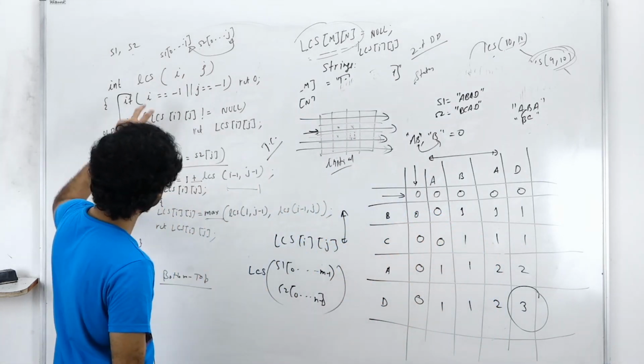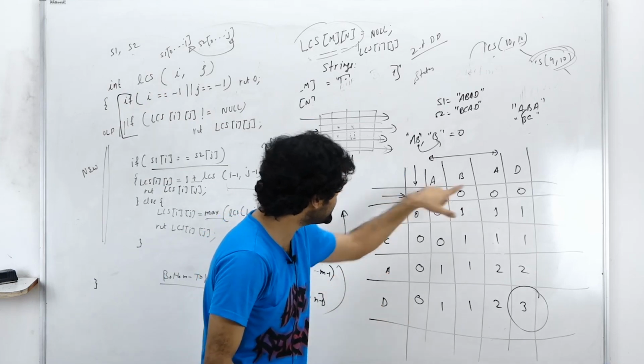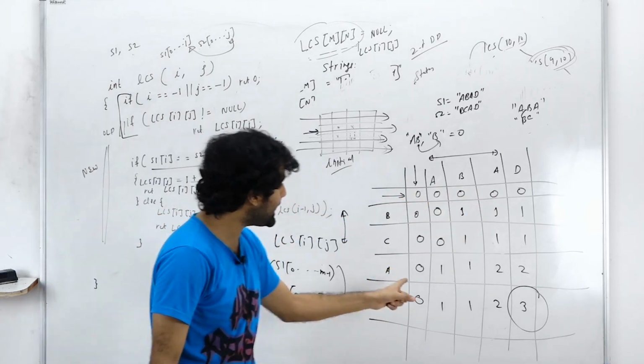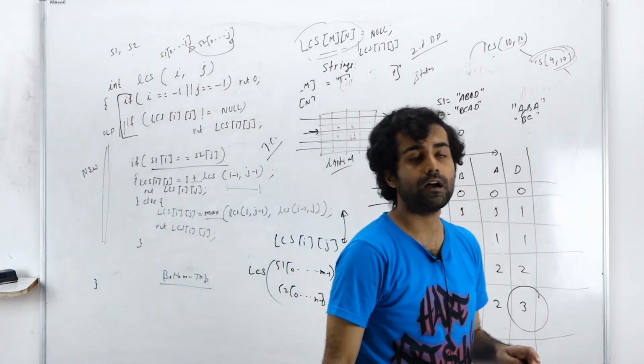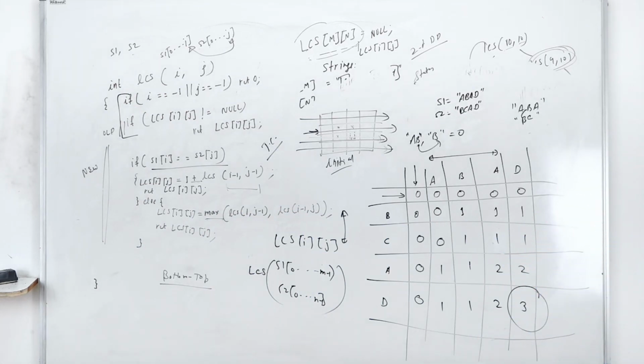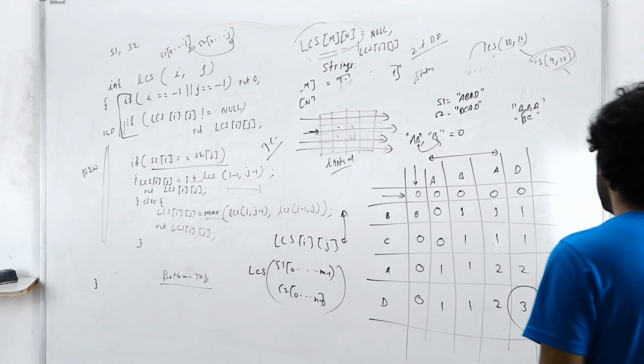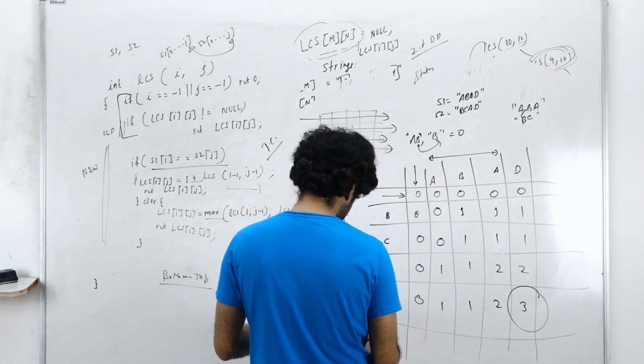Why? Because the termination conditions will help you initialize, and recurrence relations will help you fill up the cells. Does that make sense to all? I made a very important point over here: you can always derive bottom-up from top-down. And let me tell you, you can always do that, always.